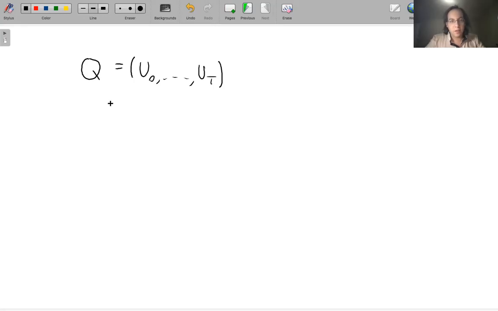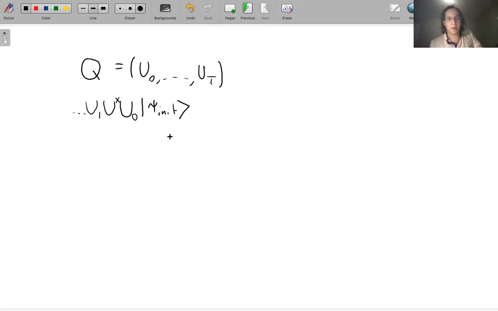Let's consider the state of the quantum algorithm when it's run on X. At the beginning, of course, we start with psi init. Then we apply U0 and then apply UX, and then apply U1 and so on. So we're going to apply all these unitaries.